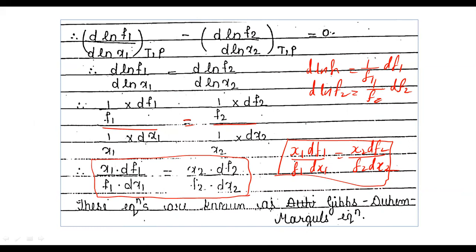It is equal to x2 into df2 divided by f2 into dx2. So this is the equation called the Gibbs-Duhem-Margules equation.